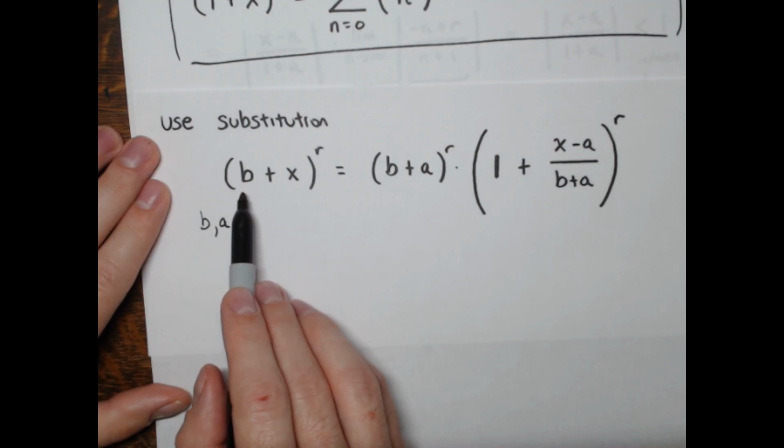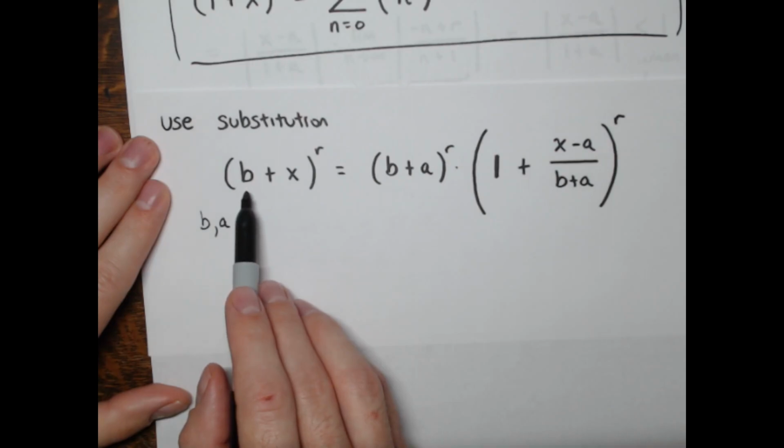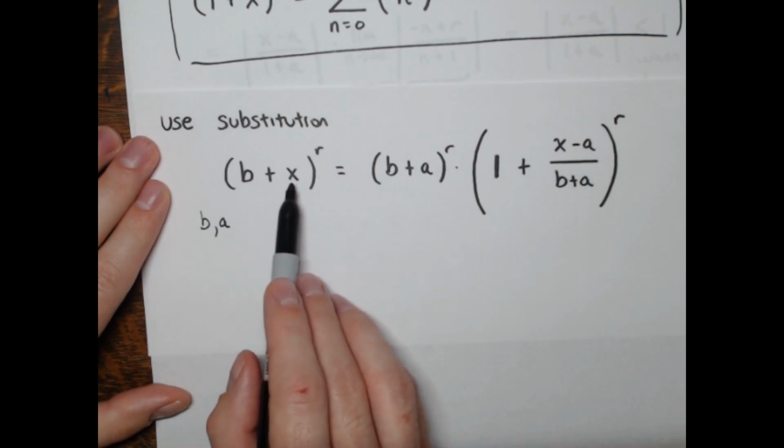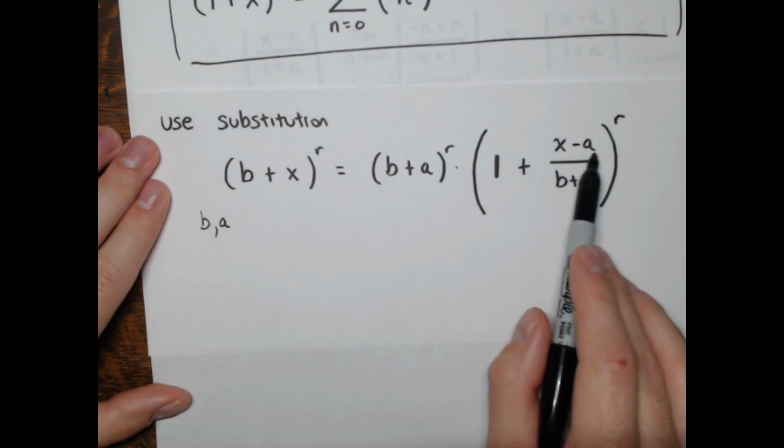And then b can be some other expression. I want just an x minus 2 here.